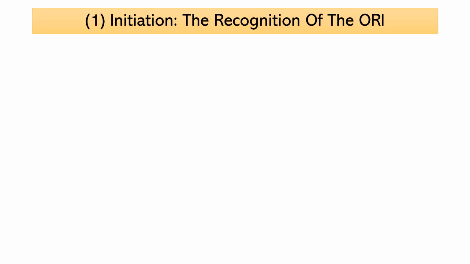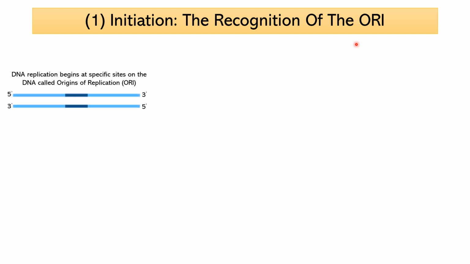Now let's start with the DNA replication process. The process starts with the first stage, called the initiation stage. What happens mainly in this stage is the recognition of an area of the DNA called the ORI, or the origin of replication. So what is this origin of replication area? Here we have the DNA, and within the DNA there are very specific sites from which DNA replication starts.